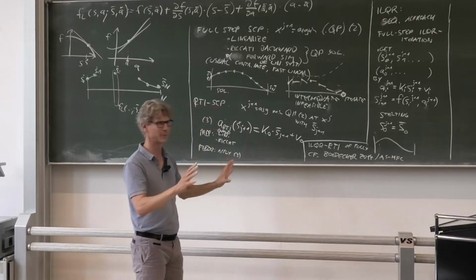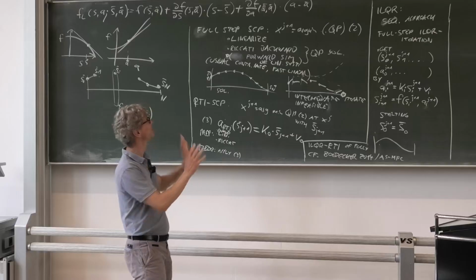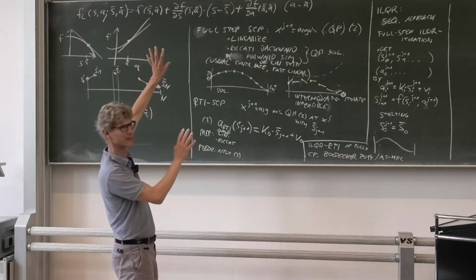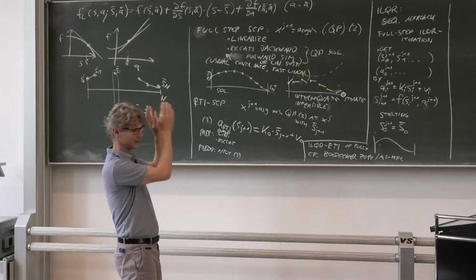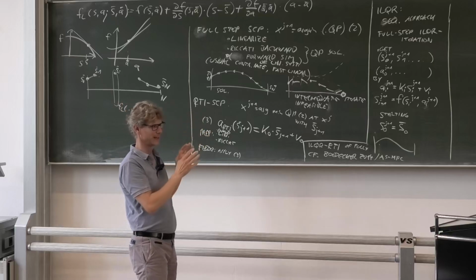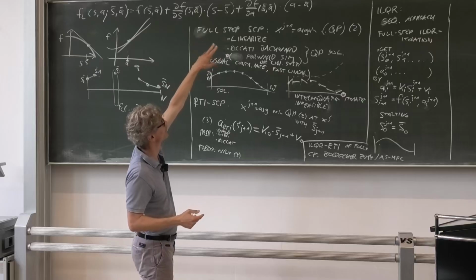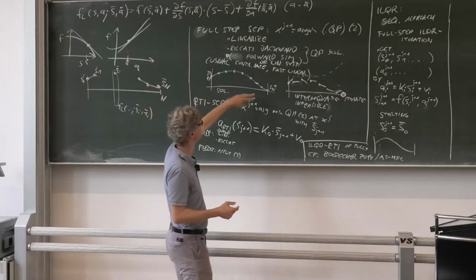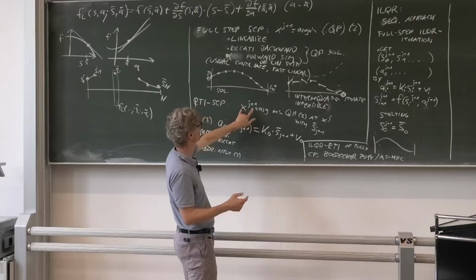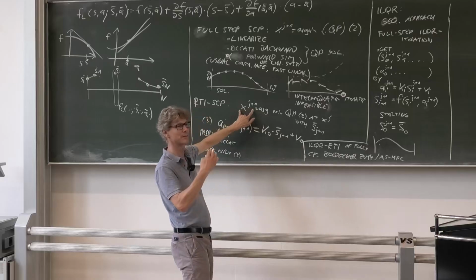But actually, we know how to solve QPs. So you take this quadratic problem and you just solve it, and then you get new trajectories from it. This x, j plus 1 is actually obtained from the QP solver.